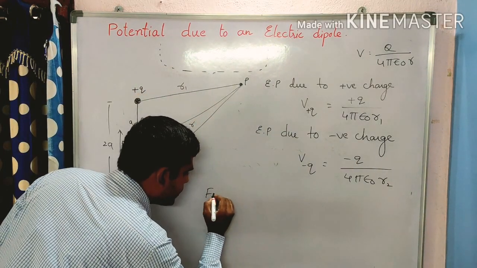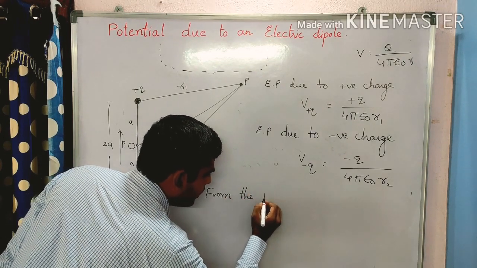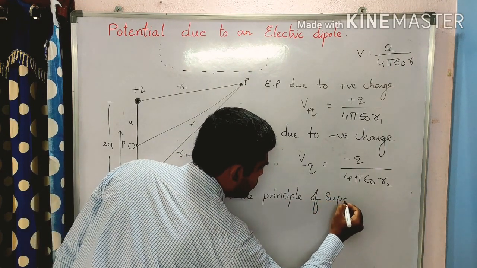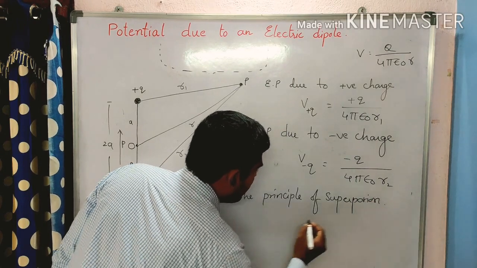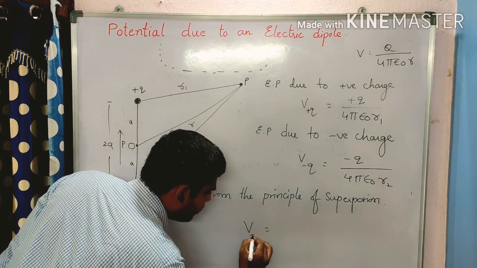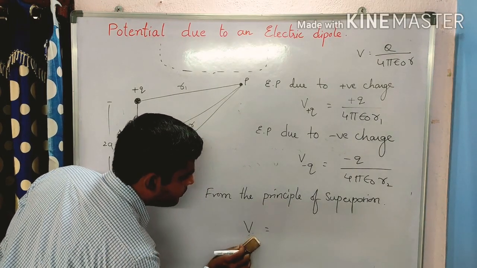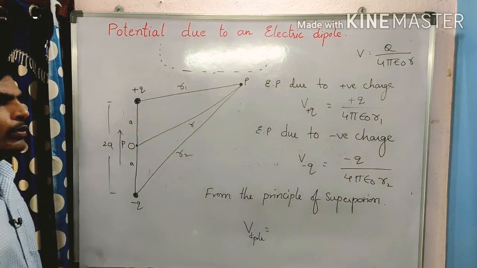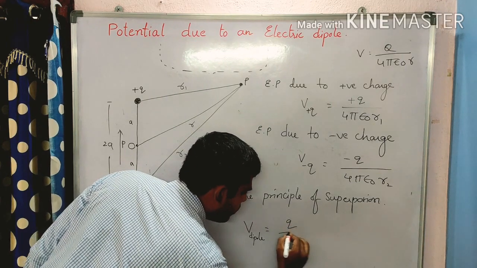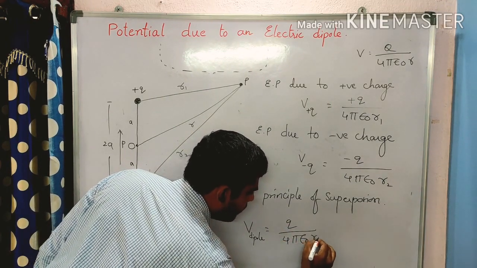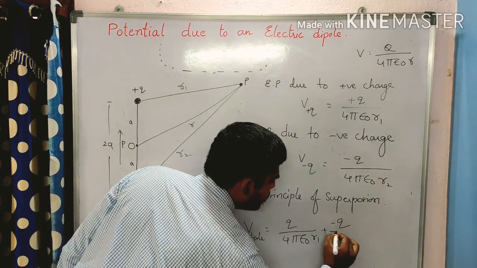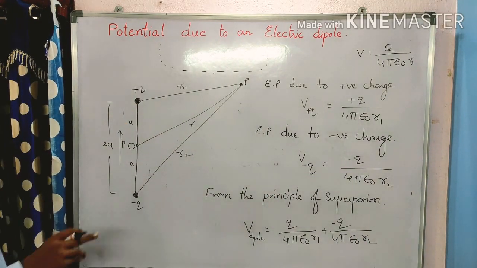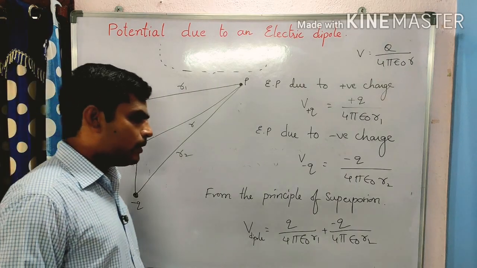So from the principle of superposition, the total electric potential due to a dipole is equal to Q by 4 pi epsilon naught R1 plus minus Q by 4 pi epsilon naught R2.